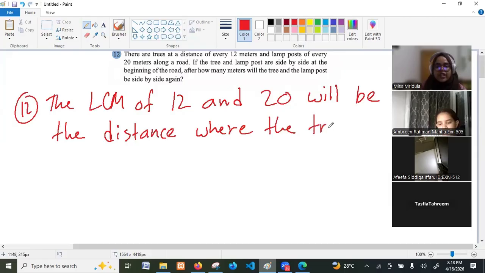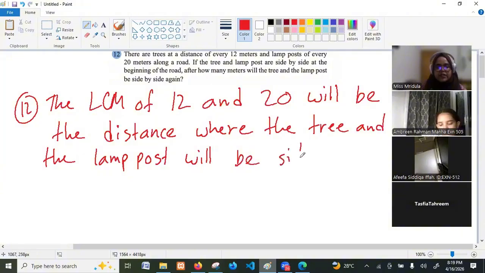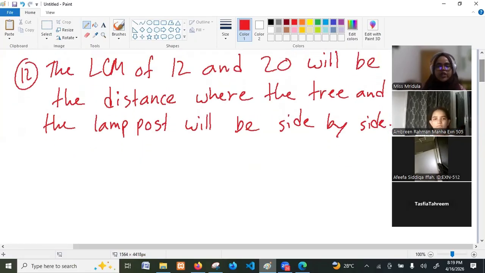So the LCM of 12 and 20 will be the distance where the tree and the lamppost will be side by side again. Okay, let's do the LCM of 12 and 20 then.